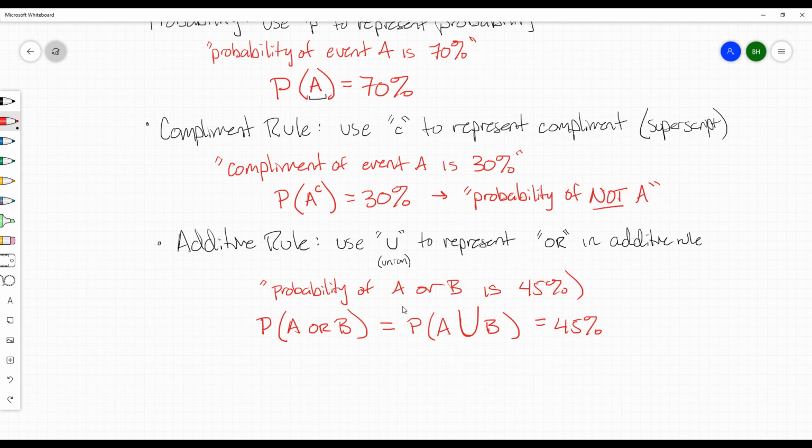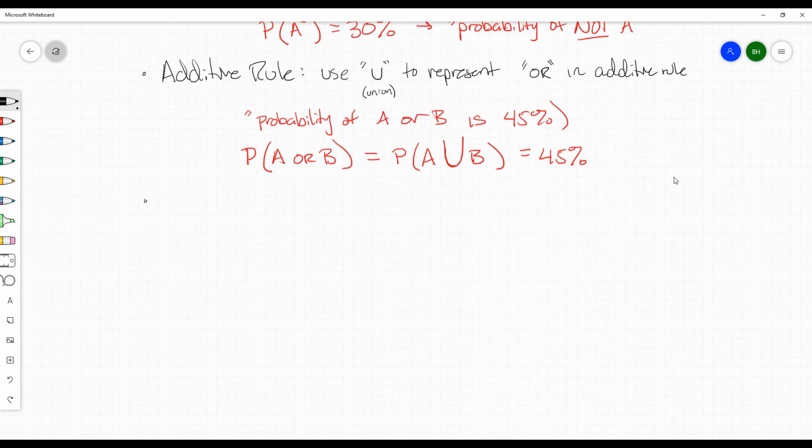Okay, the probability of A or B is going to be 45%. Now that's just the mathematical representation of the additive rule. So you can feel free to use that, or you can do what I do. I still use or to this day. That could still be okay for you.